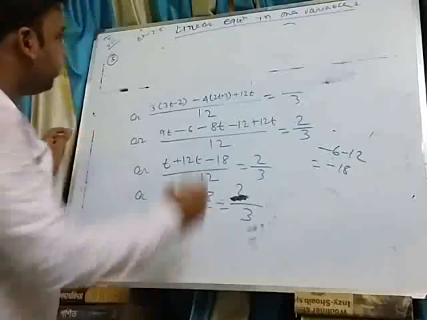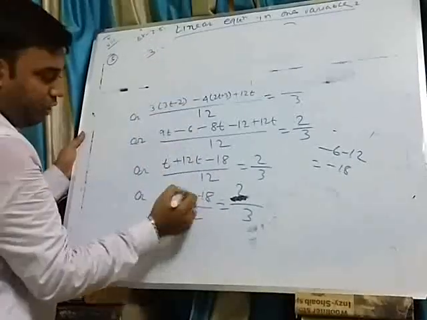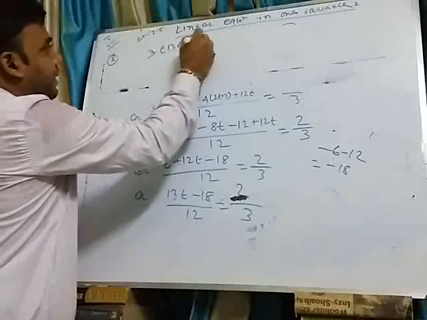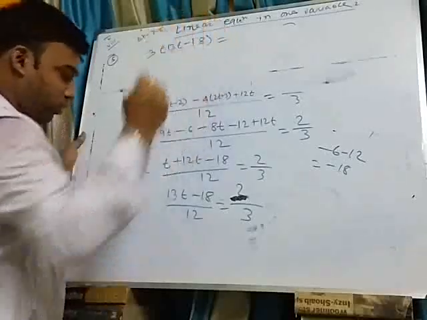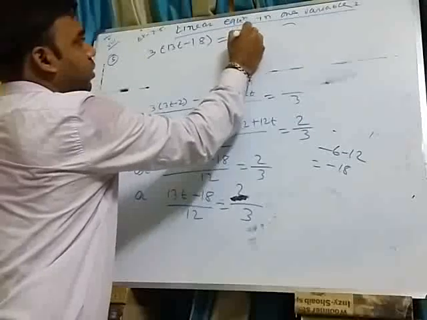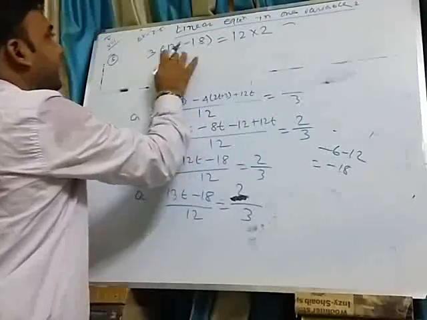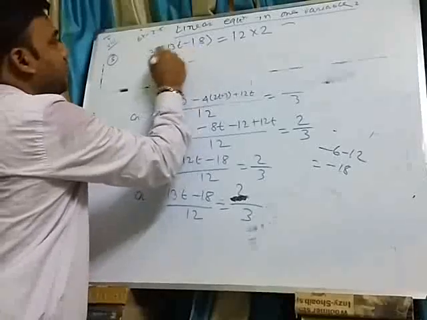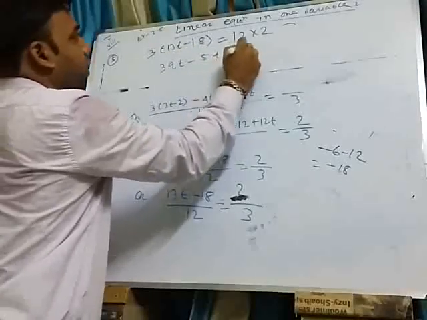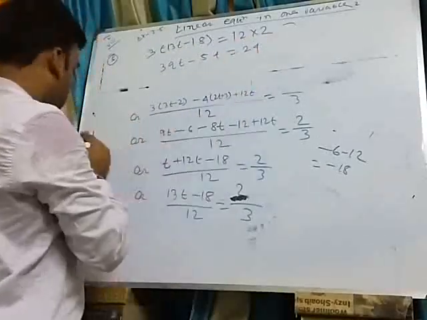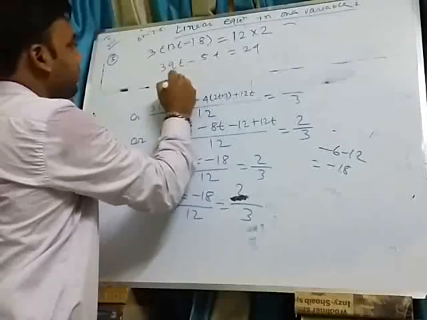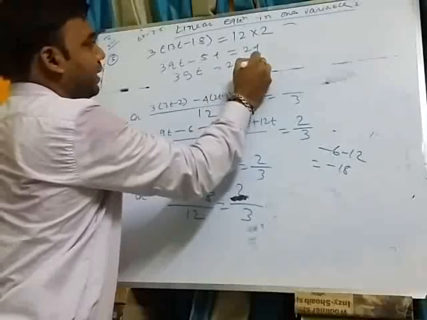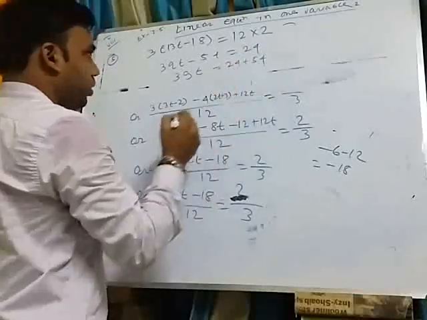That is 3 into (13t minus 18) equal to 12 into 2. So 3 into 13t is 39t minus 54 equal to 24. Okay, now the 54 on this side will be plus 54.